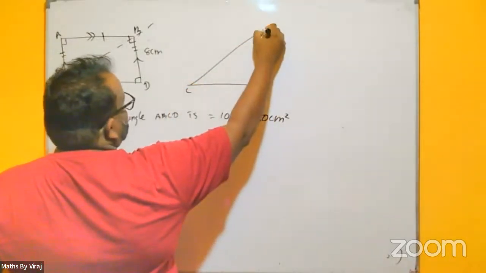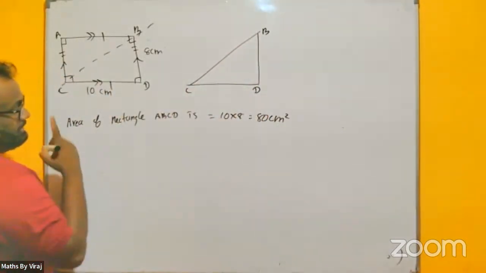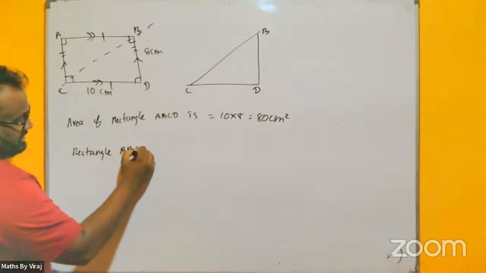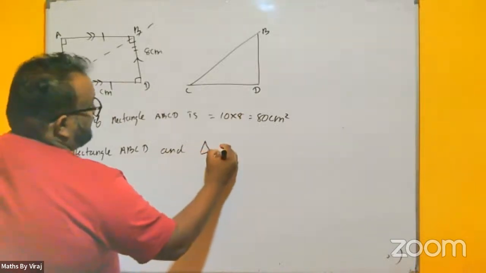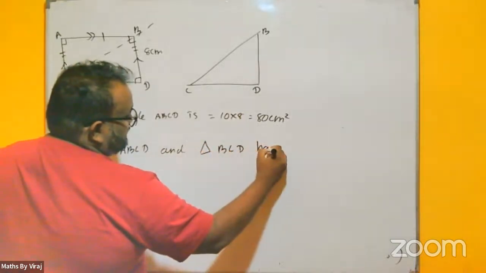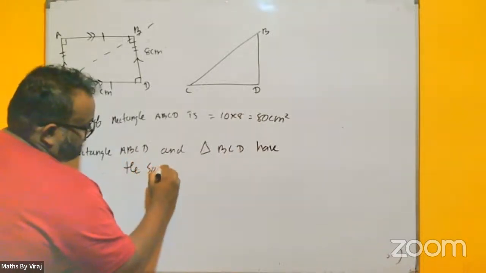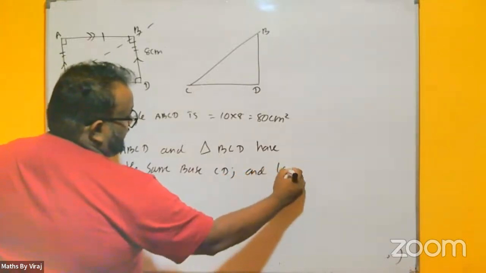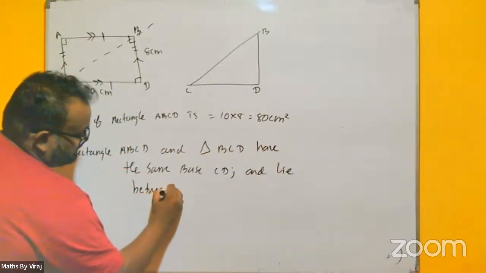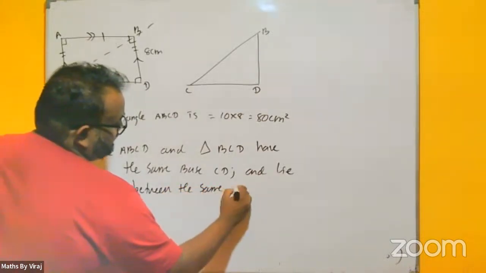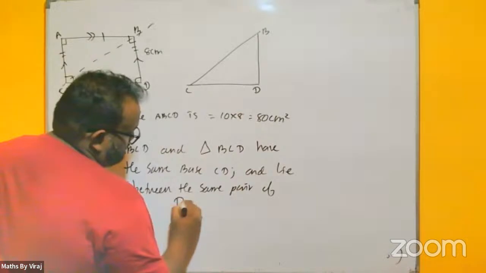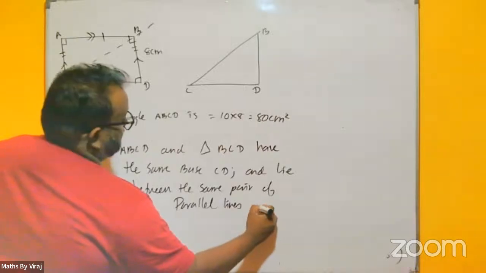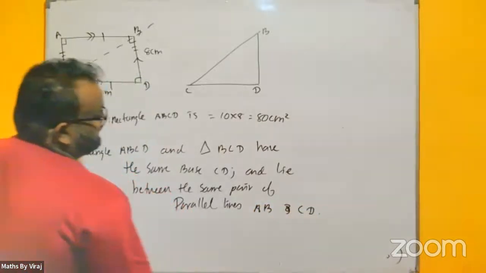Triangle CDB. Then we get rectangle ABCD and triangle BCD, which have the same base CD and lie between the same pair of parallel lines AB and CD.